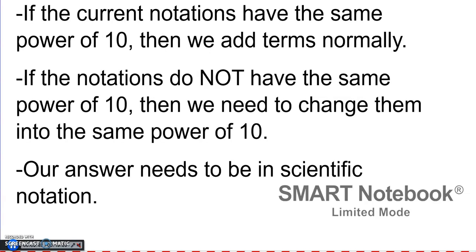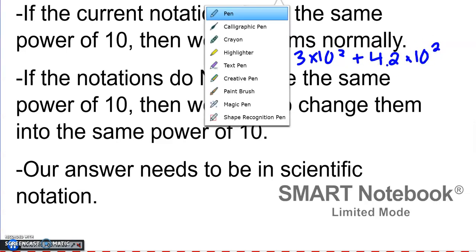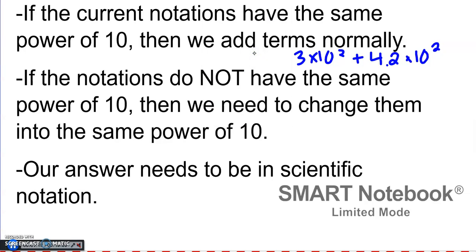So there's three main ideas that I want to establish with you. The first one is, if the scientific notations have the same power of 10, then we just add or subtract the terms normally. So for example, if I have, I'll write in blue, 3 times 10 to the second plus 4.2 times 10 to the second, these have the same power of 10.